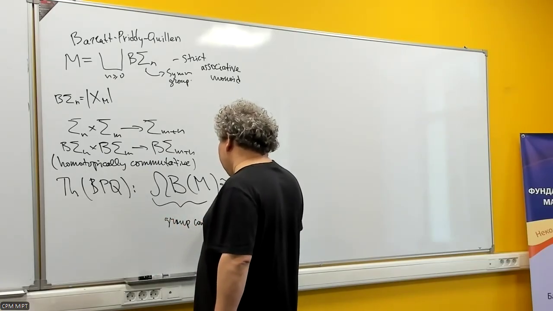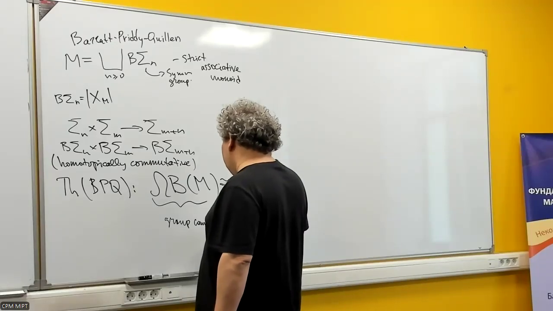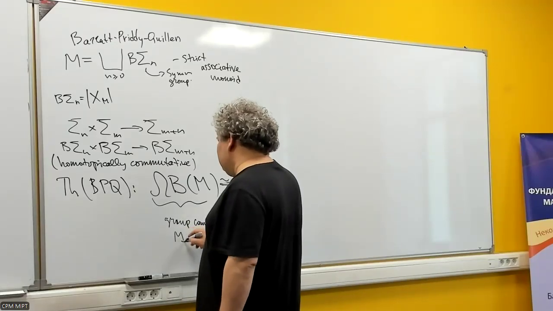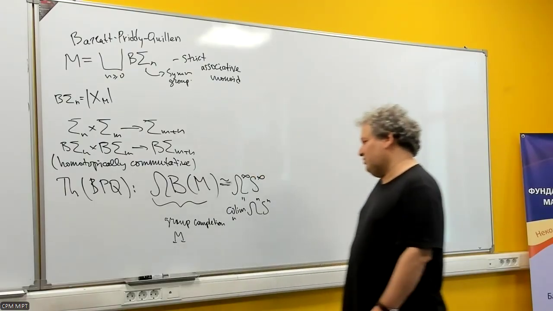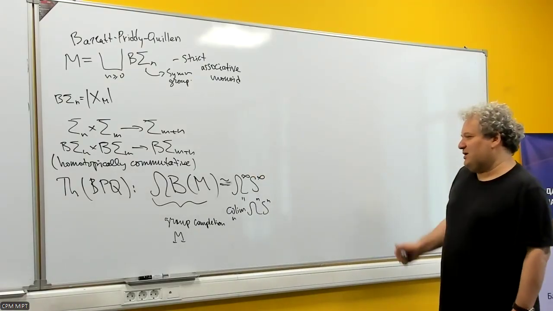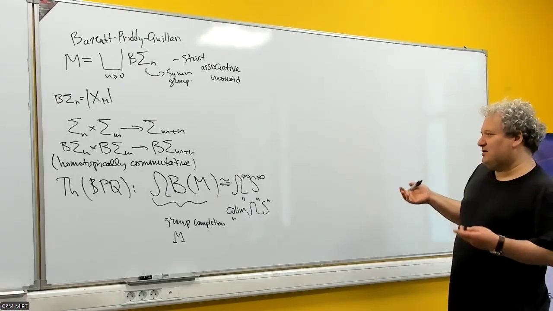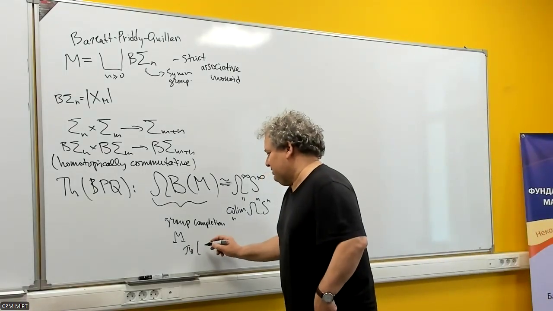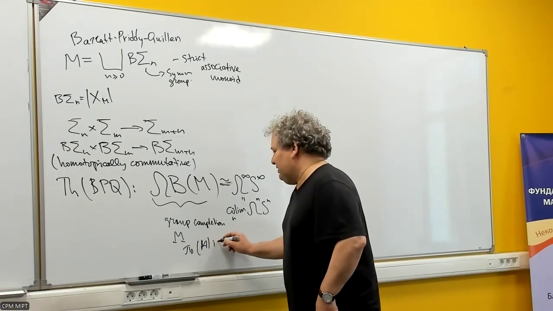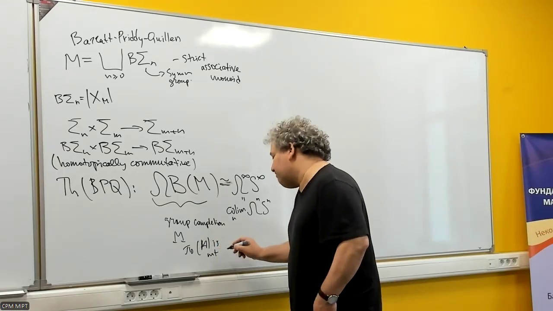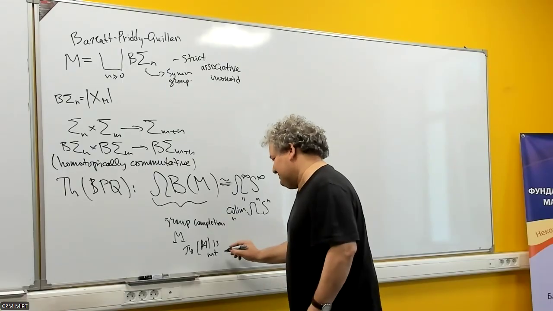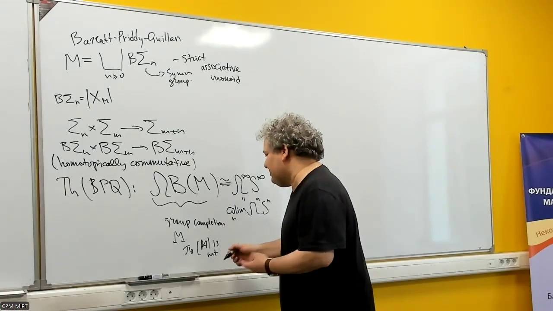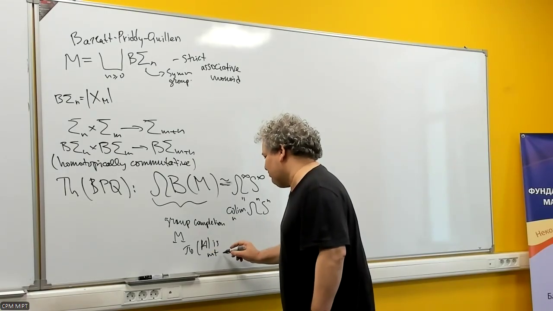Group completion of M. So somehow if we have M, which is a not connected topological monoid, where π0 is not a group, then we can, in some cases, not always, make this π0 a group.